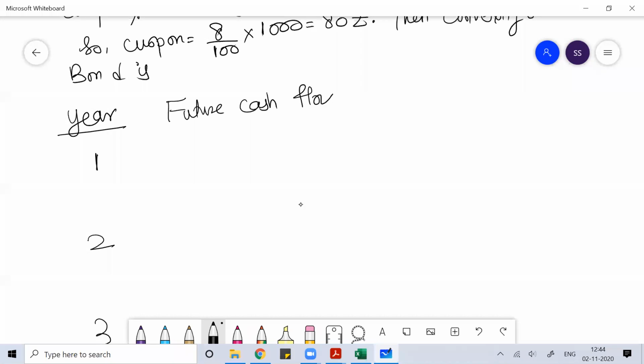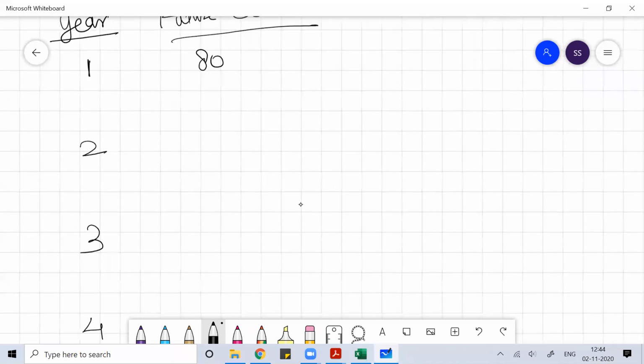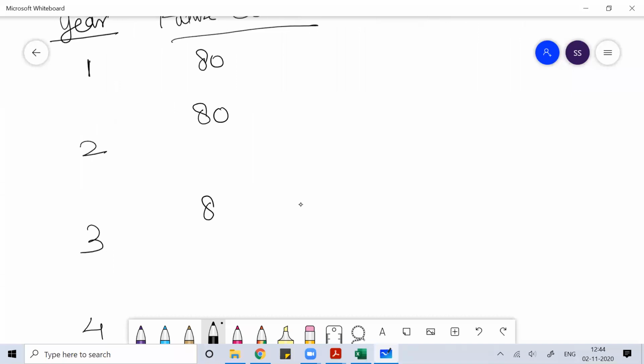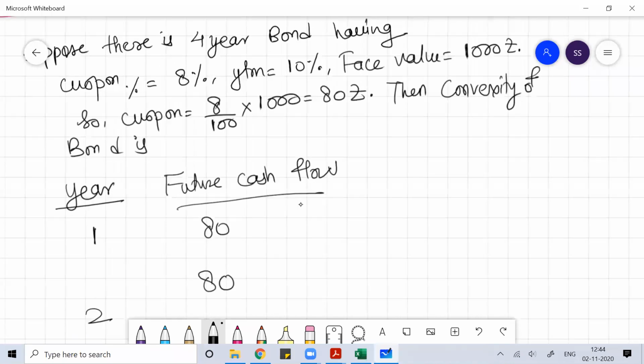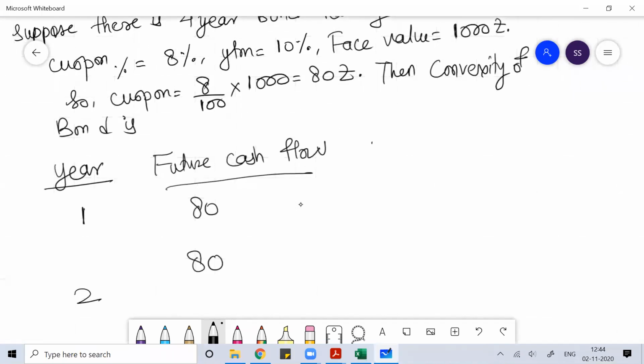Future cash flow: 80 every year, and in the fourth year 80 plus 1,000, so 1,080. Your YTM is 10%.